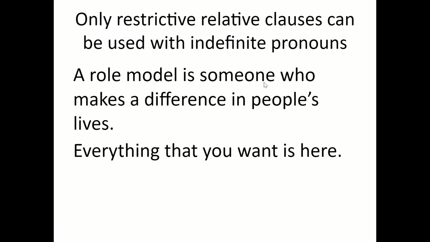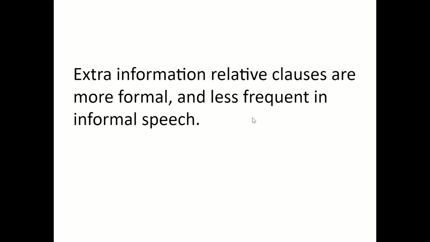Again, everything, someone, indefinite pronouns, you can only use restrictive relative clauses with them. The extra information relative clauses, non-defining, non-identifying, non-restrictive, are considered more formal, and consequently, they are less frequent in informal speech.